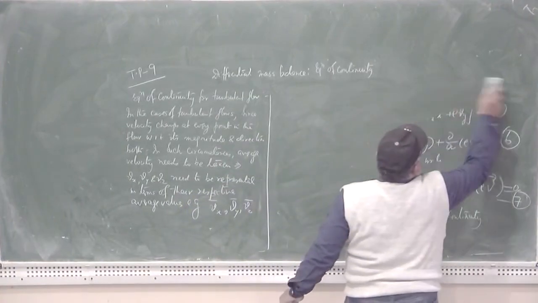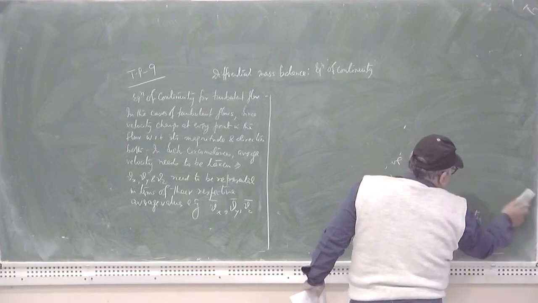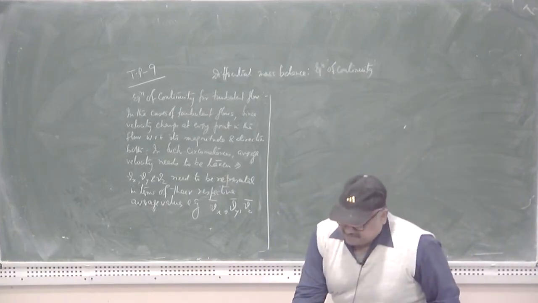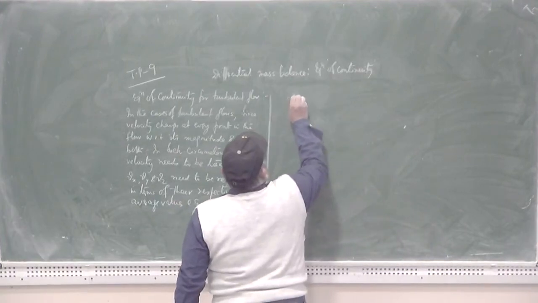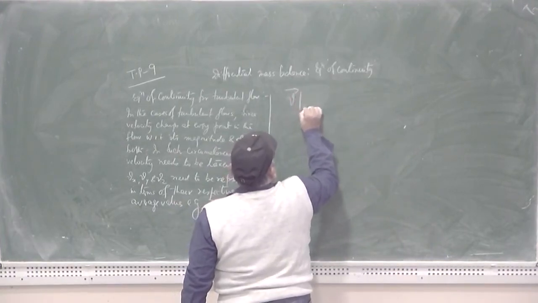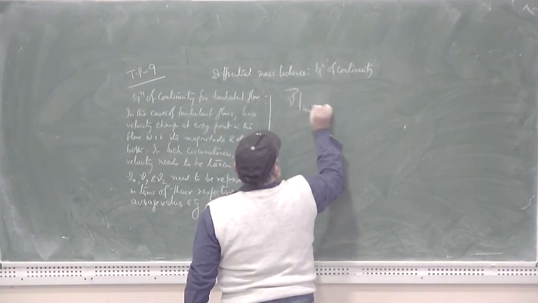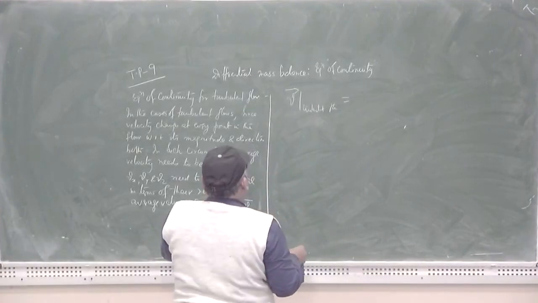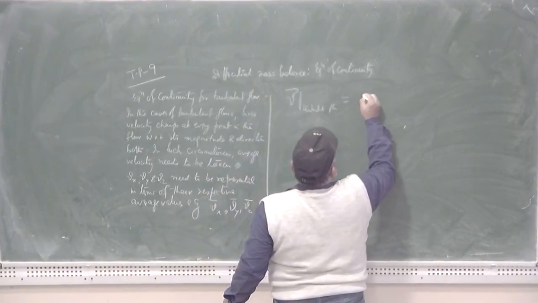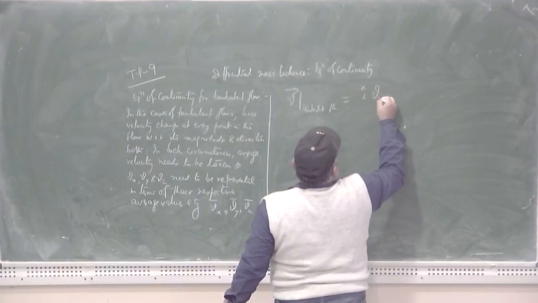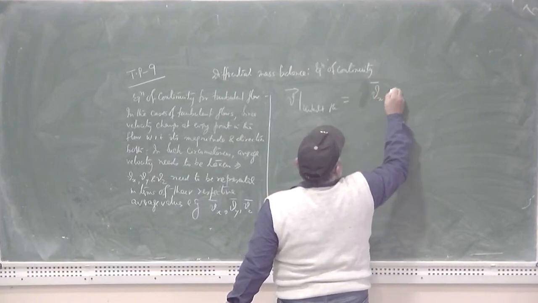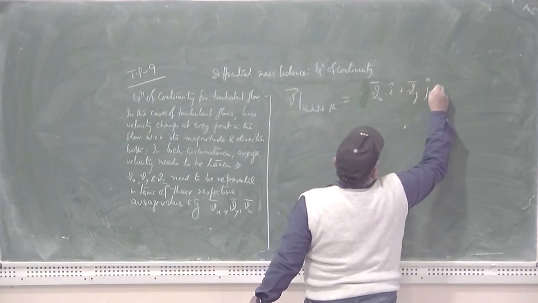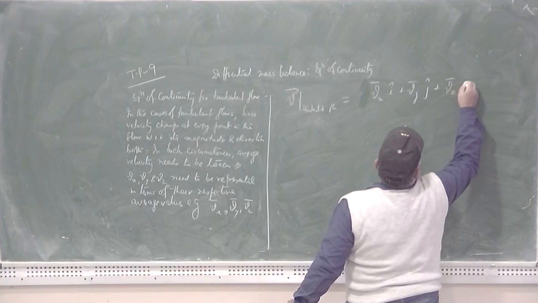if I am representing the delta V vector for a turbulent flow, we need to write Vx bar into i plus Vy bar into j plus Vz bar into k.